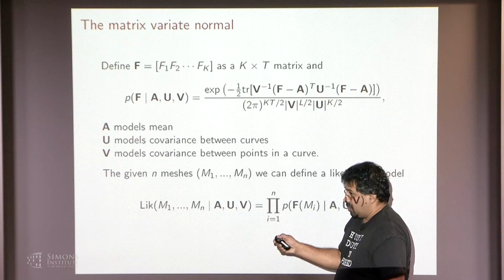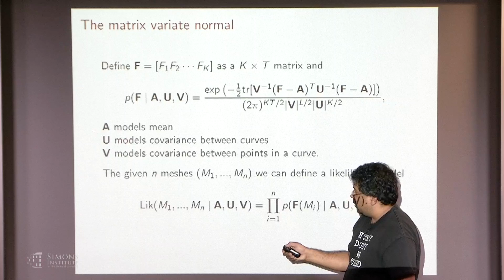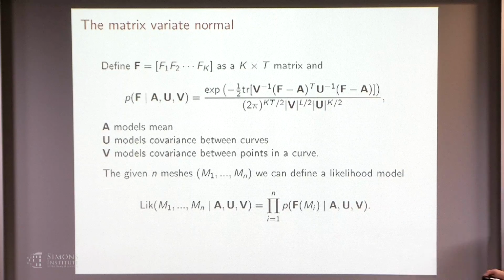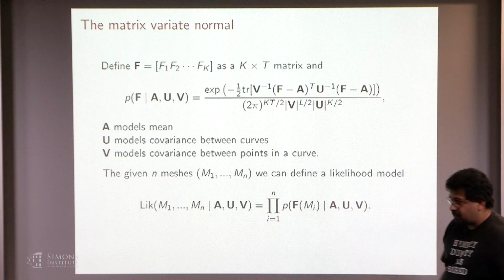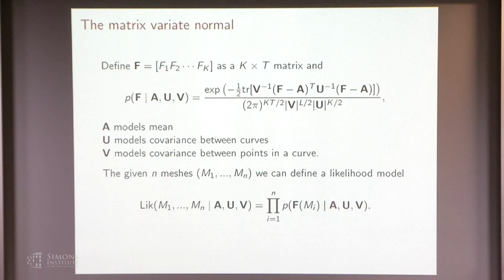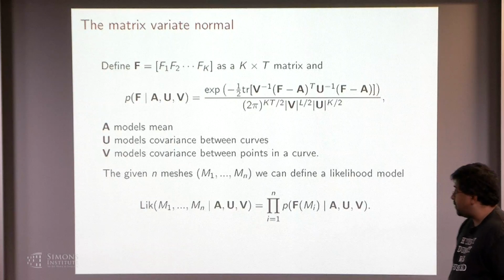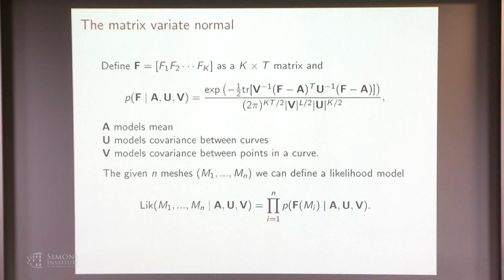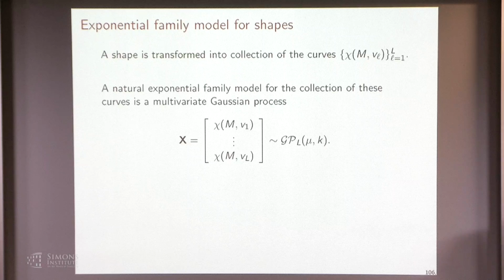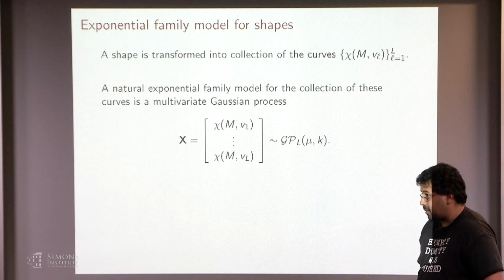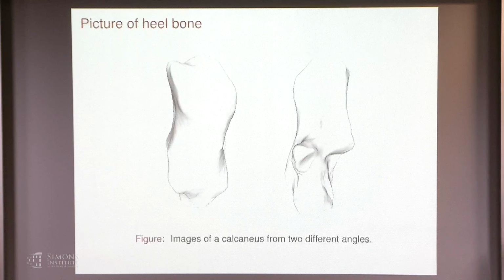I model it by a mean of the matrix, mu. U is modeling the covariance between the curves, and V is modeling the covariances between points in a curve. This is a likelihood model for shapes, which is not easy to write in the actual space of shapes. If you don't want to discretize, you can model this as a Gaussian process. I'll come back to ideas related to this later.